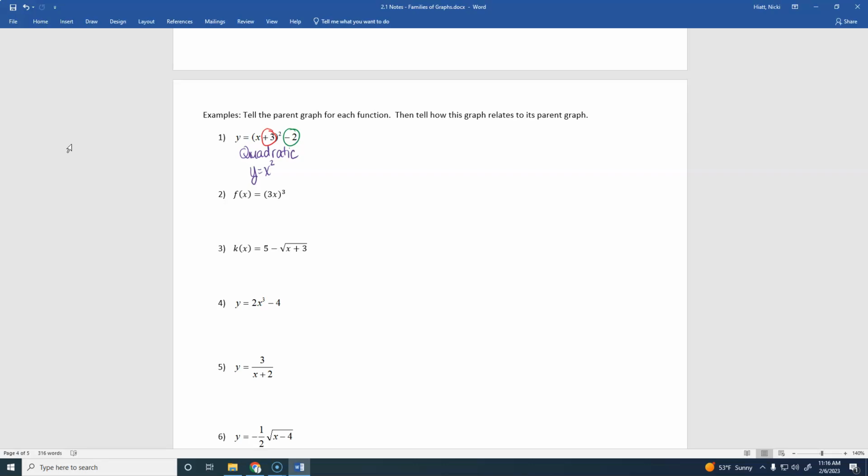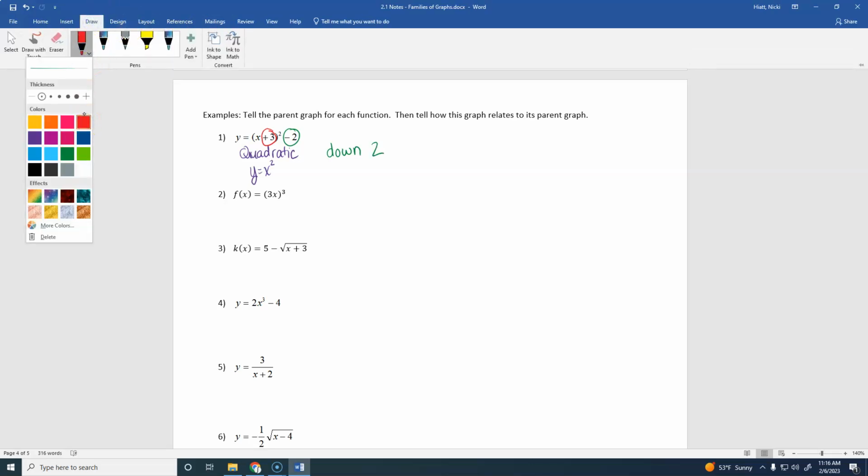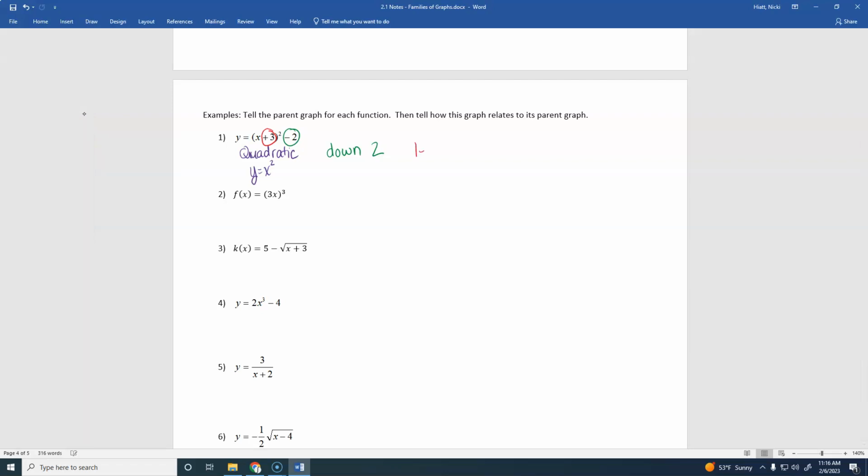It's called a translation. So that minus 2 just means that we're going to move down 2, and our plus 3 means that we're going to move to the left 3. Because remember, anything inside of the parentheses is going to go the opposite direction. Plus makes you think right, but it really is going to be left.